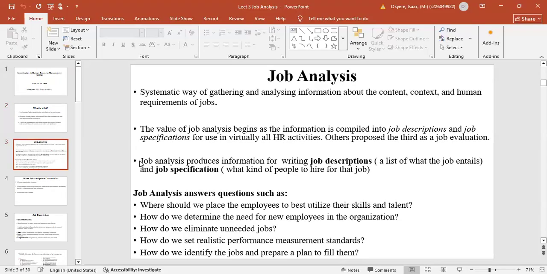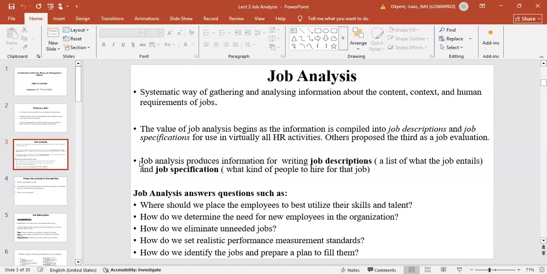So I've talked about job analysis, the systematic way of studying or gathering data. Now, there are certain specific questions that job analysis should answer. When you engage in job analysis, there are certain questions that it answers. So job analysis answers the following questions.